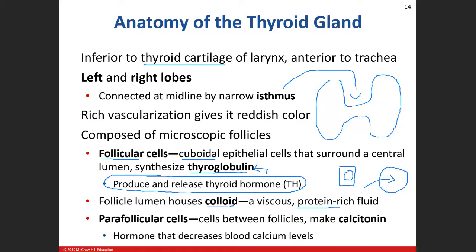What I mean is you won't find the parafollicular cells anywhere inside this ring, they're not a part of the ring. They're outside these rings, between the follicles. So we call those parafollicular cells.